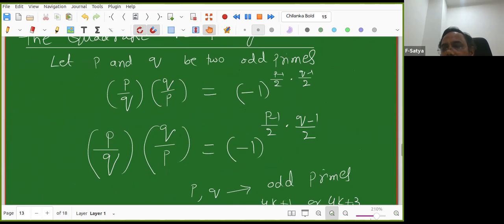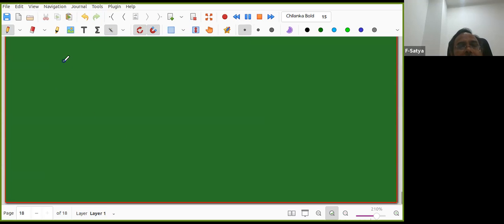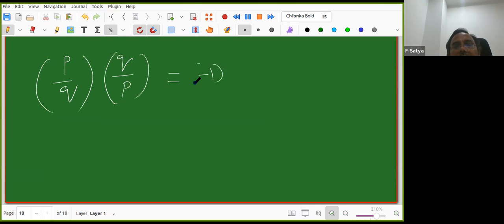So I'll write one more time: the Legendre symbol (p/q) into the Legendre symbol (q/p) is equal to (-1) power (p-1)/2 into (q-1)/2, correct?